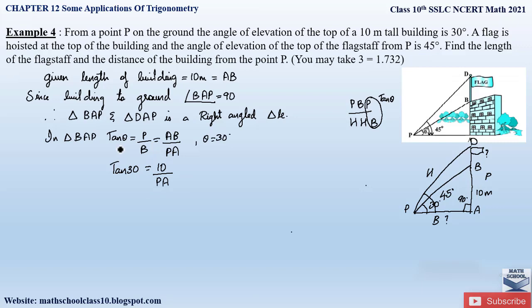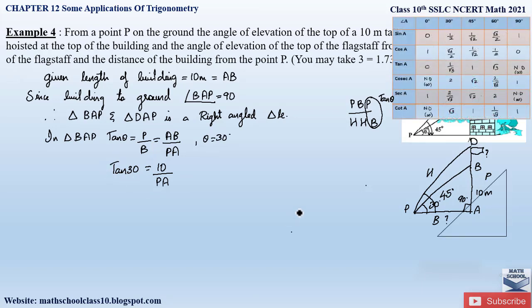Now what is the value of tan 30? That we should know from our trigonometric table. Tan 30 is equal to 1 by root 3, right? So 1 by root 3 is equal to 10 by PA, or if you cross multiply we get PA is equal to 10 into root 3.